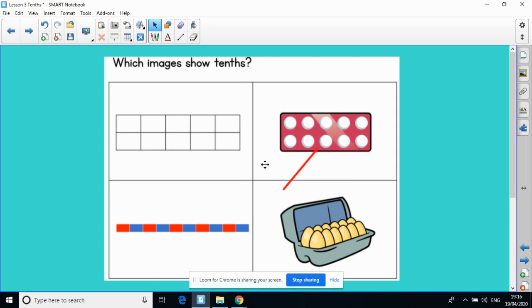This image shows tenths. Here we have a rod of 5 red cubes and 5 blue cubes. 5 and 5 makes 10. So this image shows tenths. This is the odd one out. But why is it the odd one out? That's correct. It shows 12 eggs.